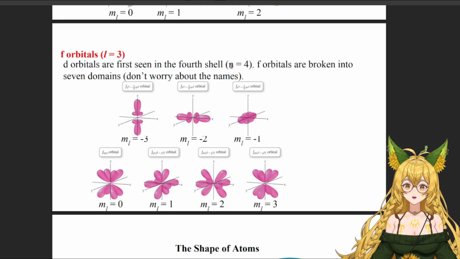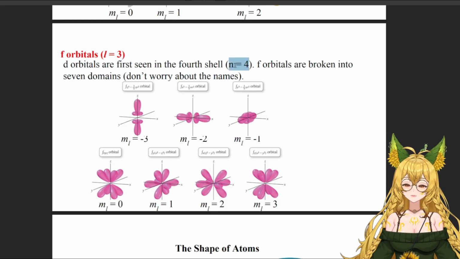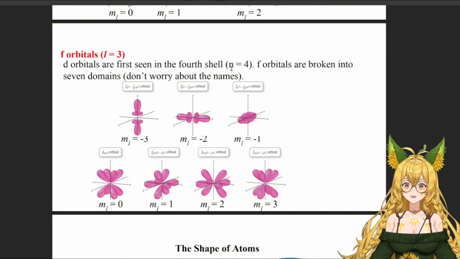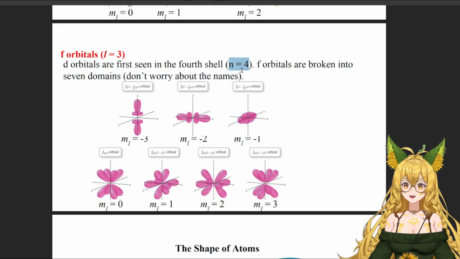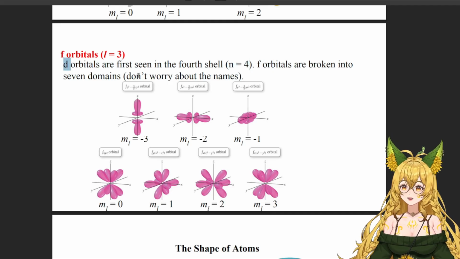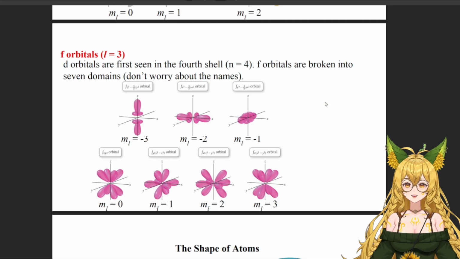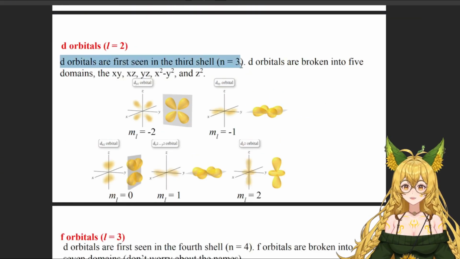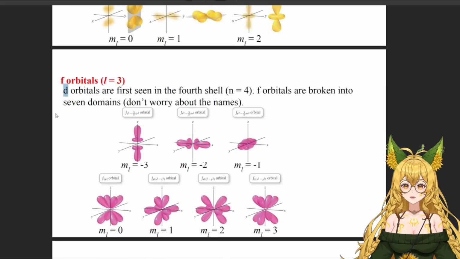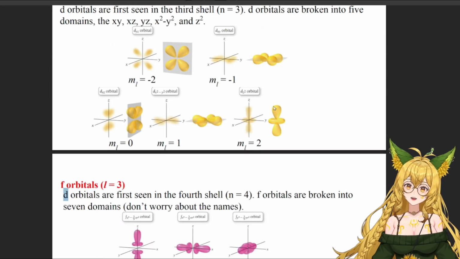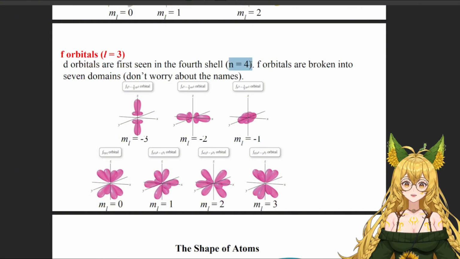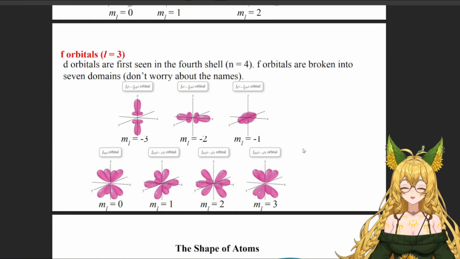Remember, the n here doesn't really constitute the orbitals itself, but f orbitals are only seen in the 4th shell. I don't know why that is. D orbitals are first seen in the 3rd shell, so that's supposed to say f right here. Yeah, f orbitals are only seen first in the 4th shell because they're so big that they need the space in order to even exist.